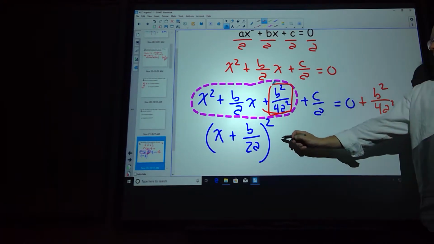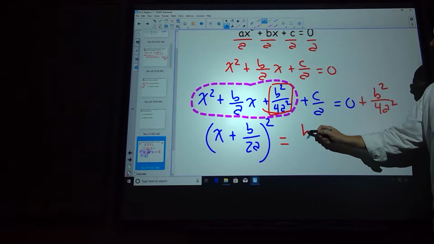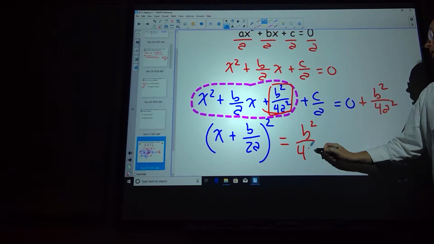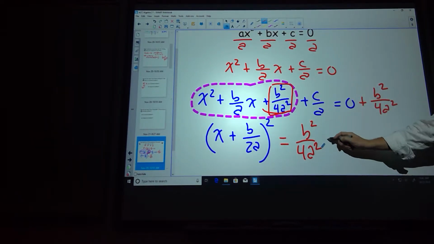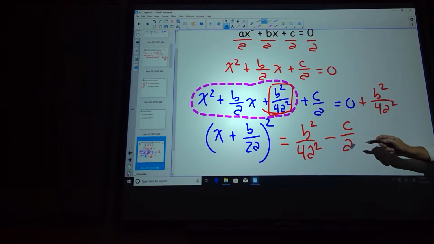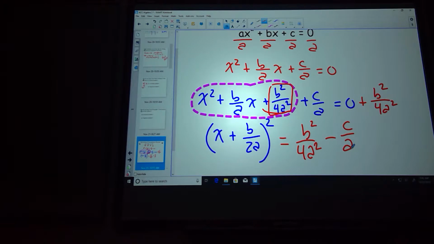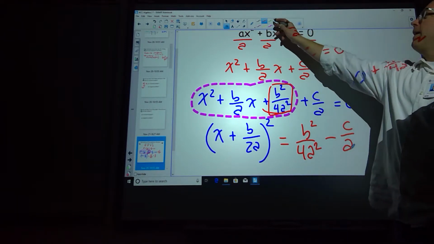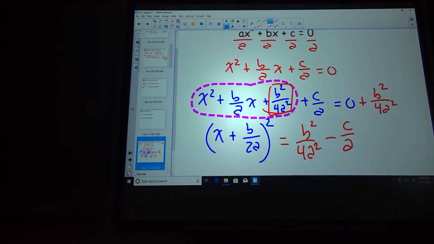So my next step is I have b squared over 4a squared minus that c over a. What is my common denominator? 4a squared is one denominator, the other one's a. What's my common denominator? 4a squared.